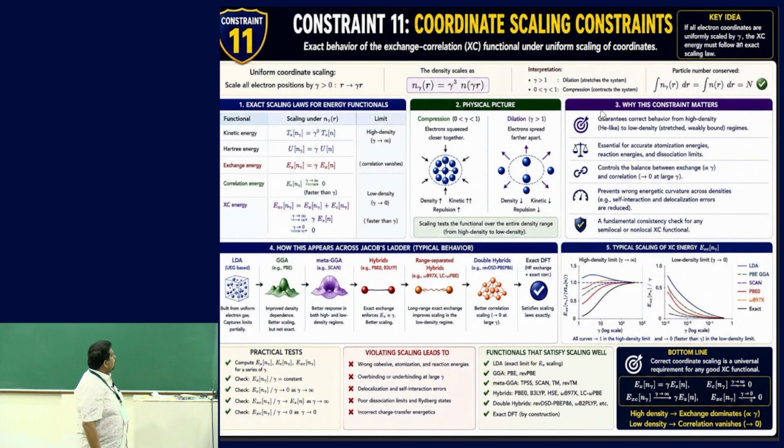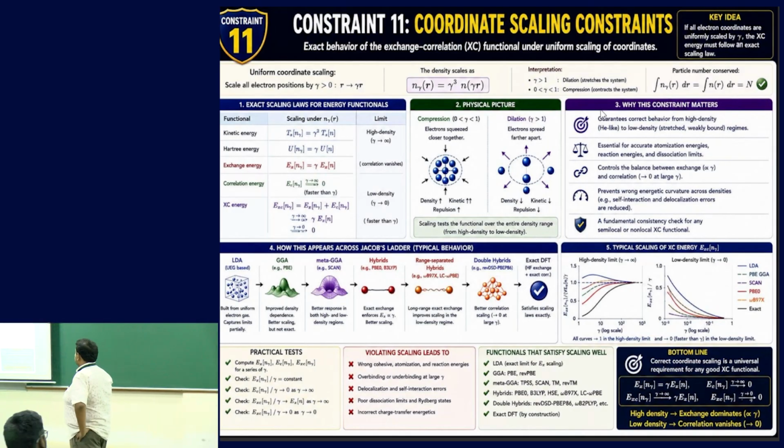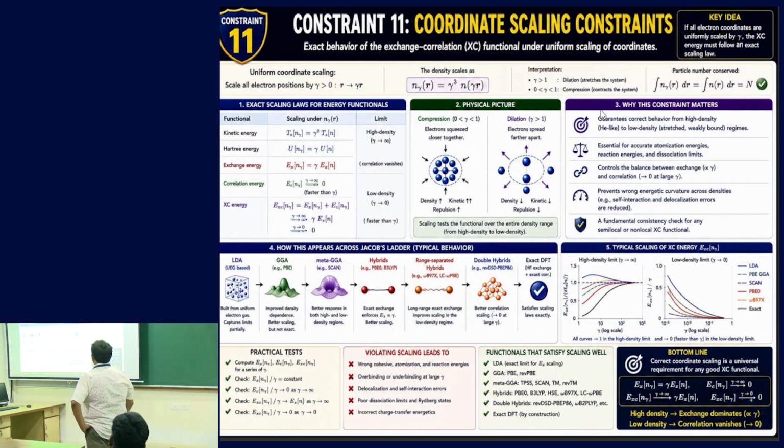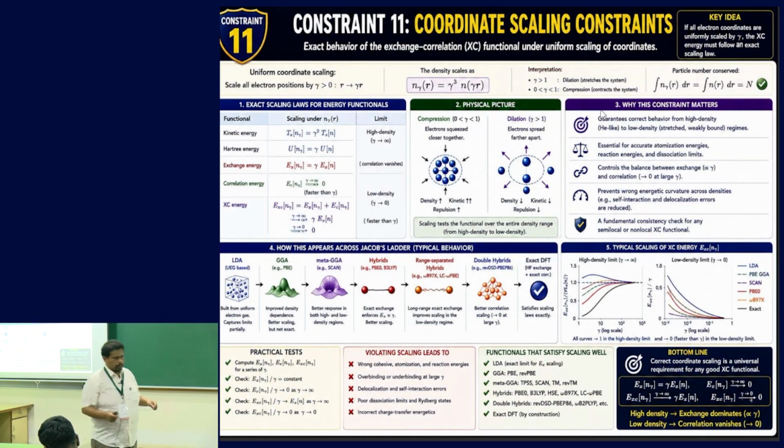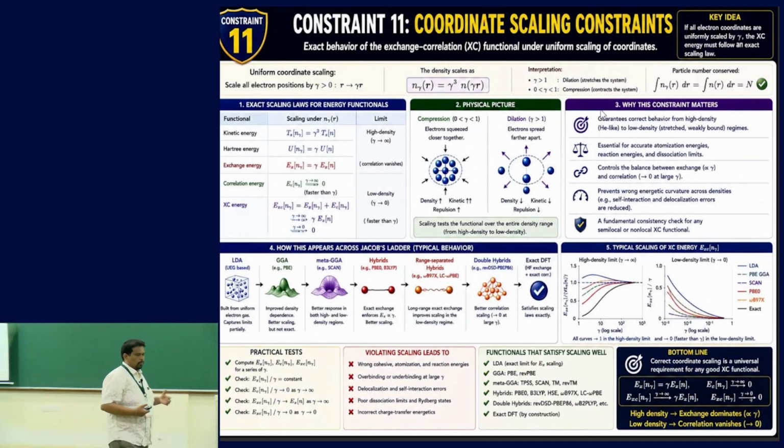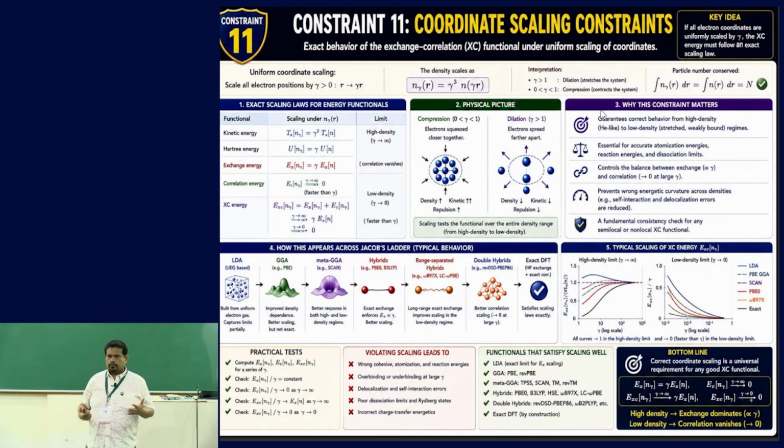Okay. Now comes the coordinate scaling. If you scale the coordinates by a factor, say gamma, then what will happen? Initially it was not scaled, then you scaled it, so it spreads out. You are multiplying a scalar to the coordinate.